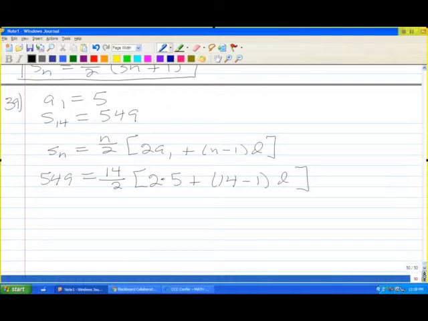And so 14 divided by 2 is 7. 2 times 5 is 10. 14 minus 1 is 13.